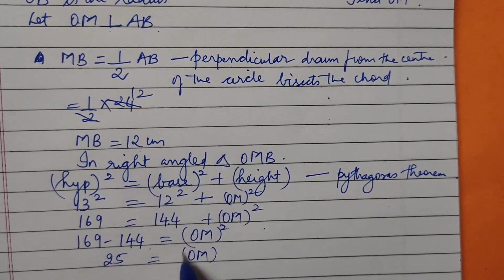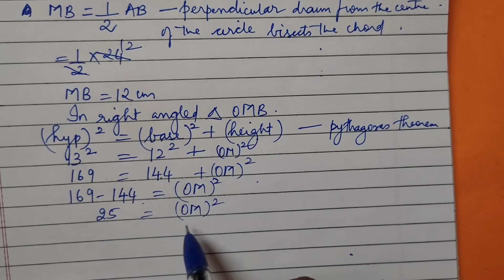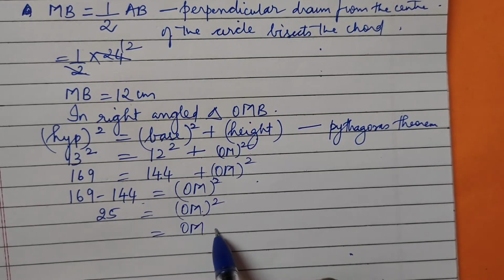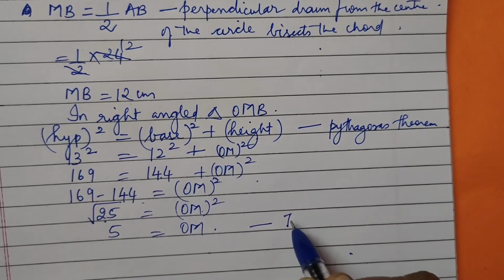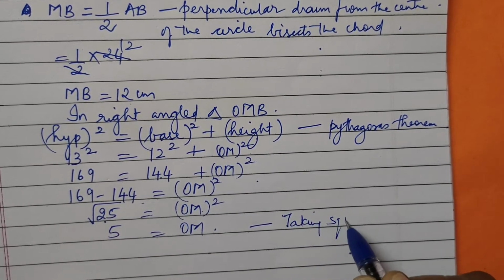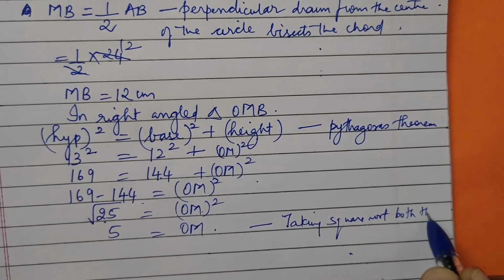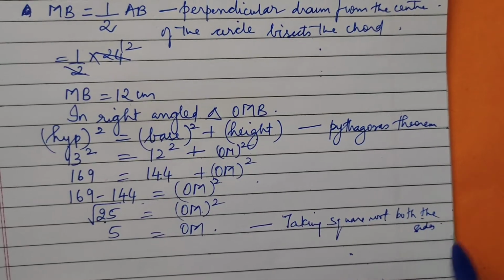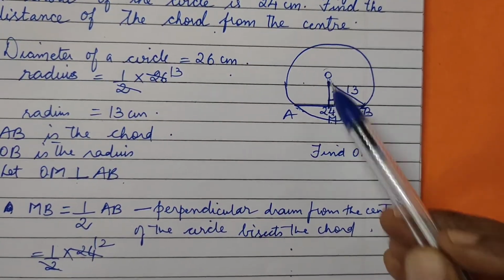25 equals OM square. Now can I take the square root on both sides? Yes. So OM square becomes OM, and the square root of 25 is 5. What we have done is taking the square root on both sides. We have to write the reason, always, both sides. So OM is what we have to find: the distance of the chord from the center.